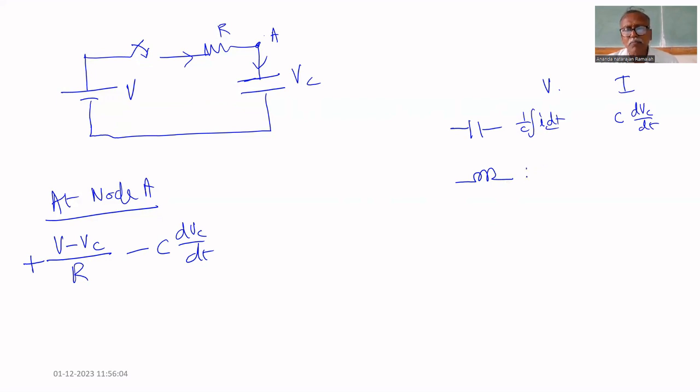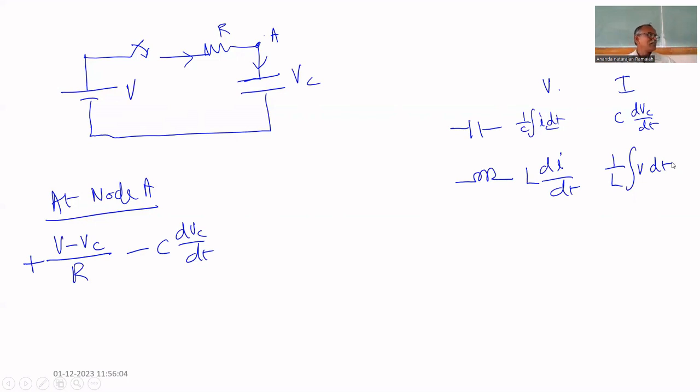Inductor means just the opposite. Current is L di by dt, and here voltage is 1 by L integral of V dt. So these four expressions you must remember. If you remember one, the other three you can automatically remember.